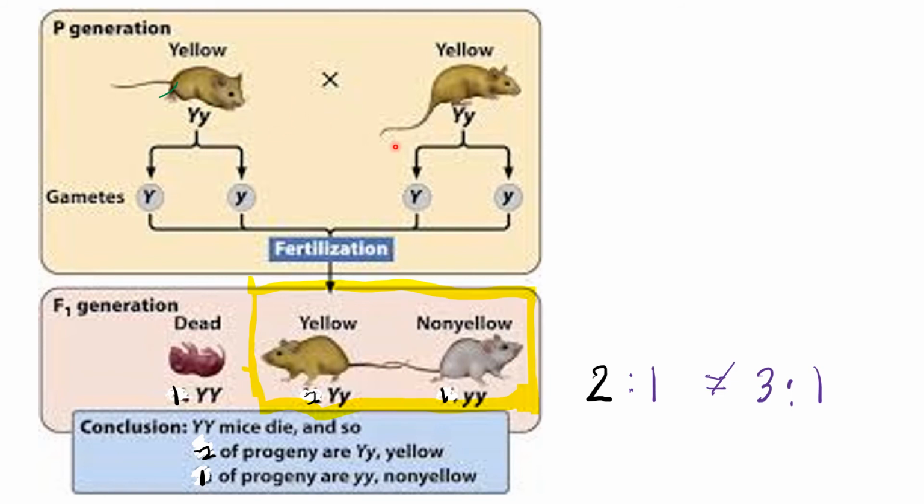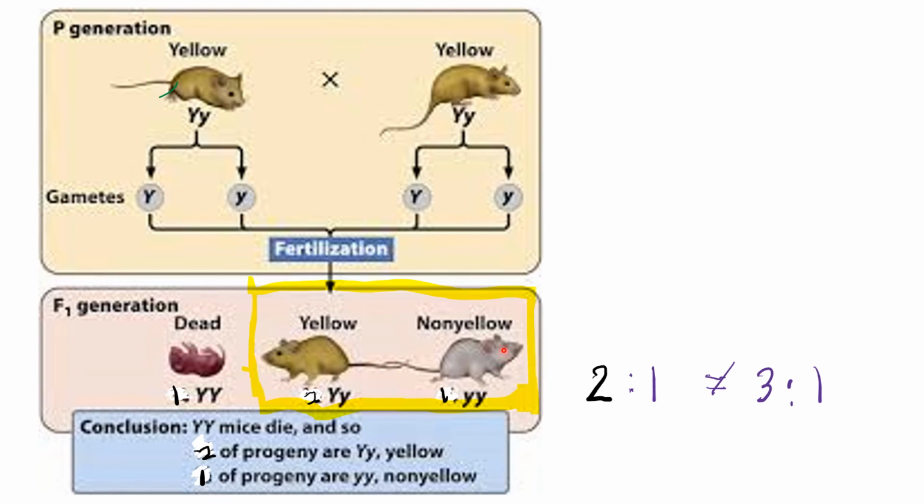Normally, this cross will produce a 3:1 ratio, where 3 show the dominant phenotype and 1 shows the recessive phenotype. There is yellow and non-yellow. But in this cross, they only produce 2 yellow and 1 non-yellow, and this, of course, does not follow Mendelian inheritance.